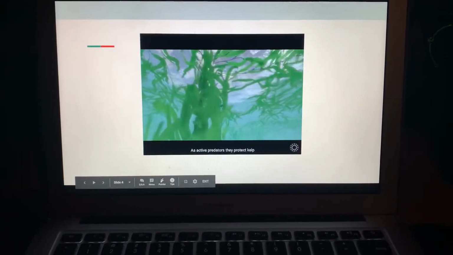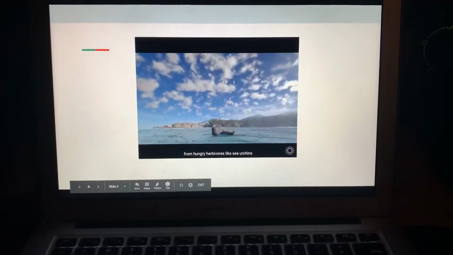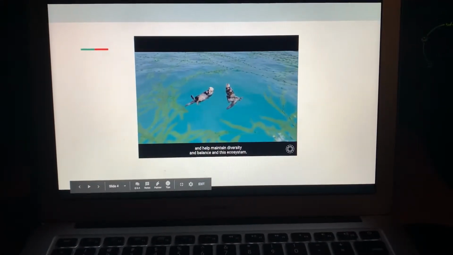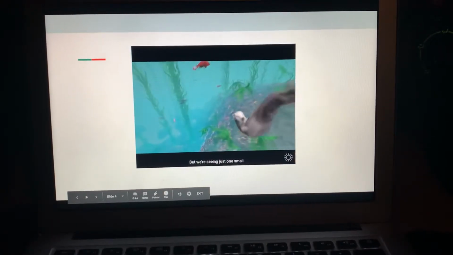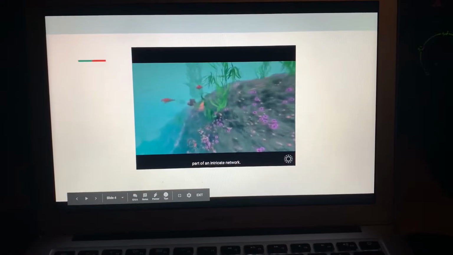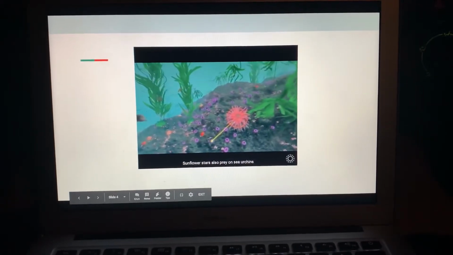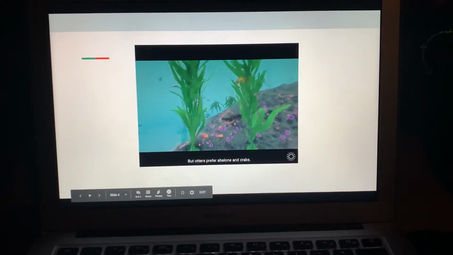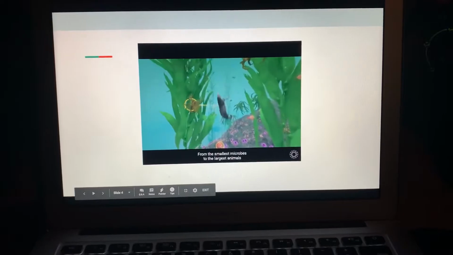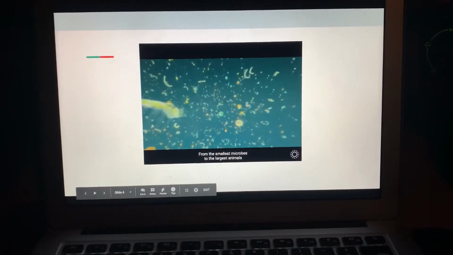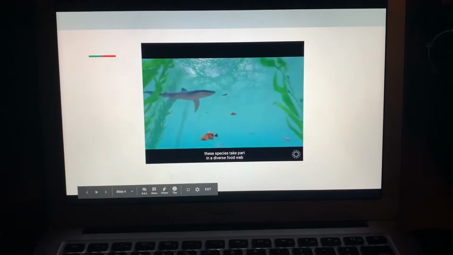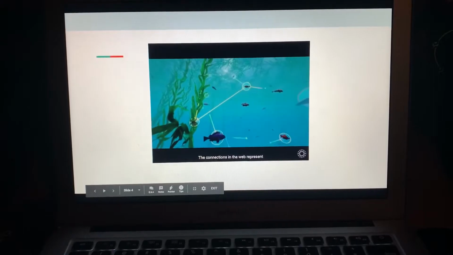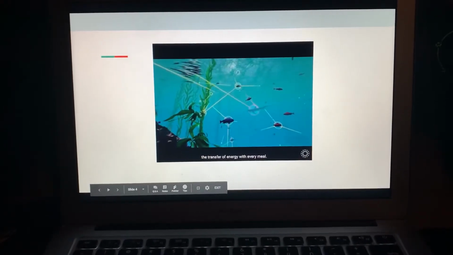As active predators, they protect kelp from hungry herbivores like sea urchins, and help maintain diversity and balance in this ecosystem. But we're seeing just one small part of an intricate network. Sunflower stars also prey on sea urchins and may become dinner for a hungry sea otter. But otters prefer abalone and crabs. From the smallest microbes to the largest animals, these species take part in a diverse food web that links more than 1,000 species. The connections in the web represent the transfer of energy with every meal.